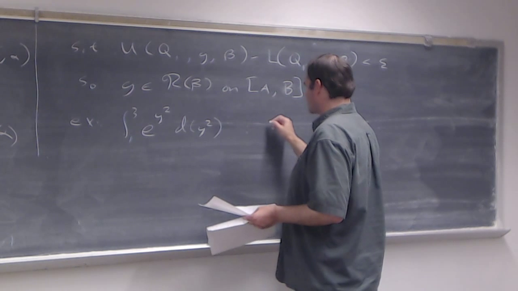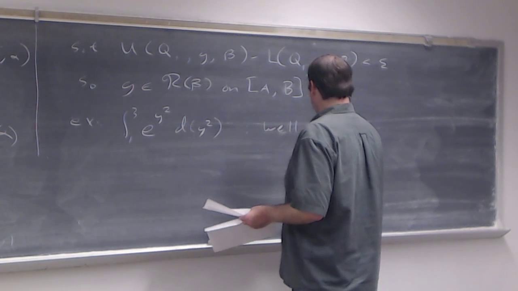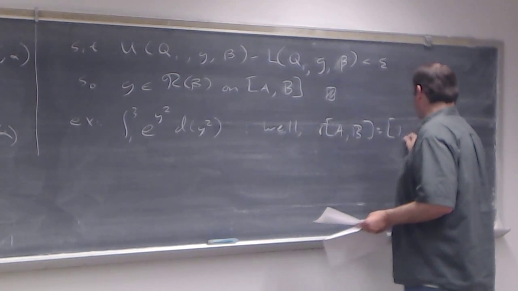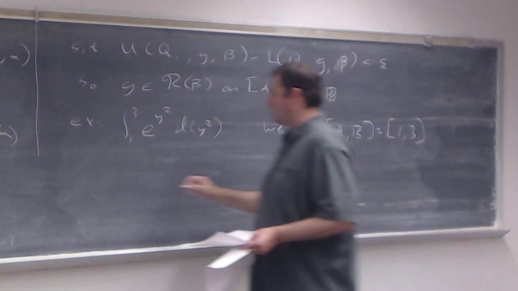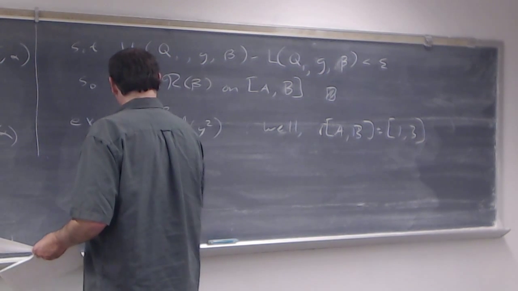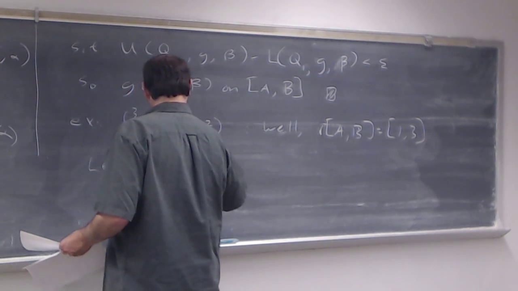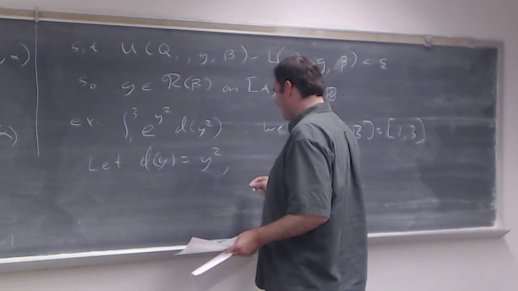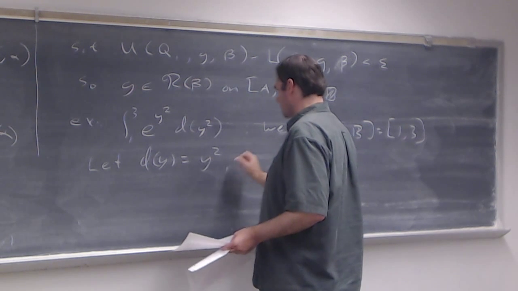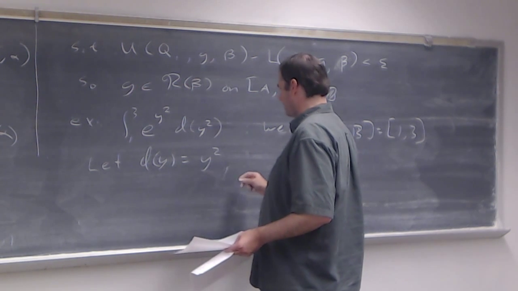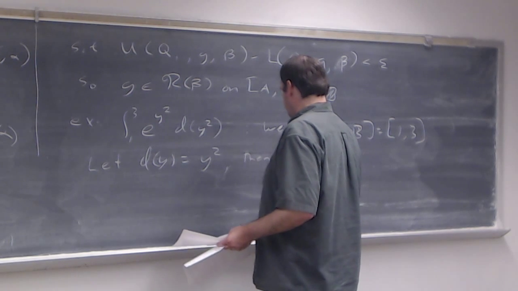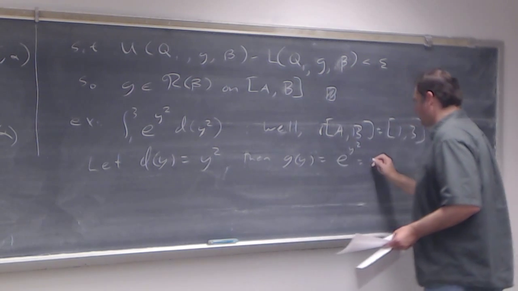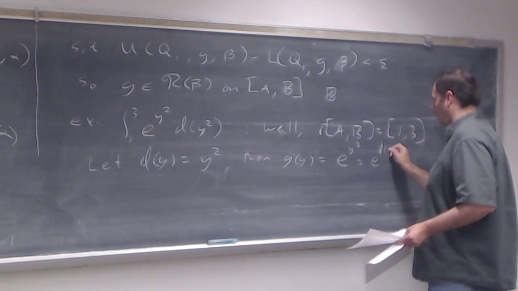What we can consider is we can say, well, for this problem, big A to B is equal to 1 to 3. We can let phi of y be equal to y squared. And here then g of y is equal to e to the y squared, which is equal to e to the phi of y.